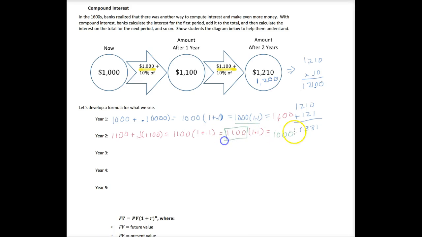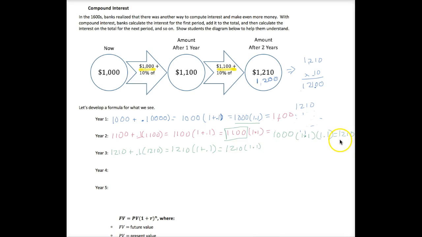So what I'm saying is 1,000 times 1.1 times 1.1, and we're going to get our $1,210.